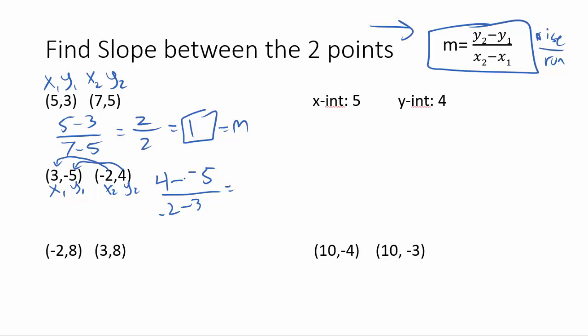If I'm subtracting a negative, you should know from a pre-algebra class that this will cancel the negative signs and give you a 9. -2 minus 3 gives you a more negative number, which is -5, so 9 over -5. So our slope m is equal to, since we can't reduce that fraction, -9/5. And that would be our answer for this one.